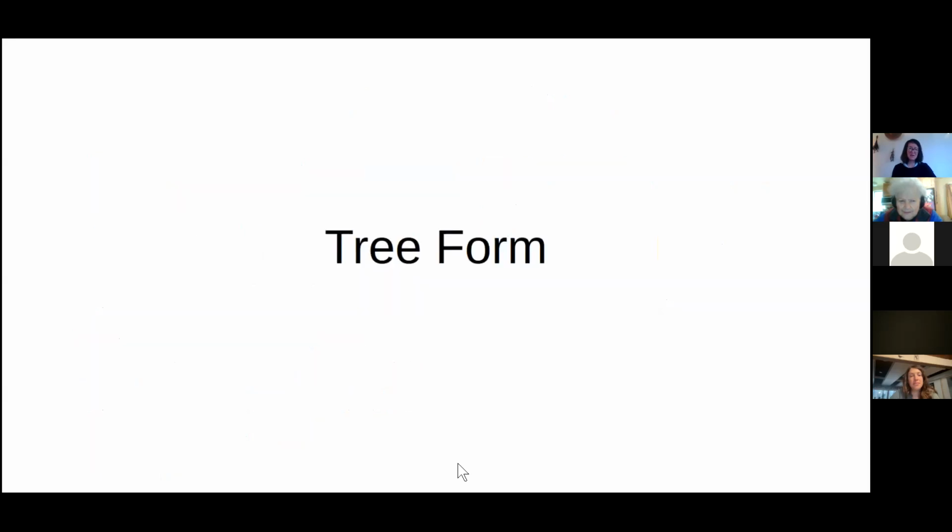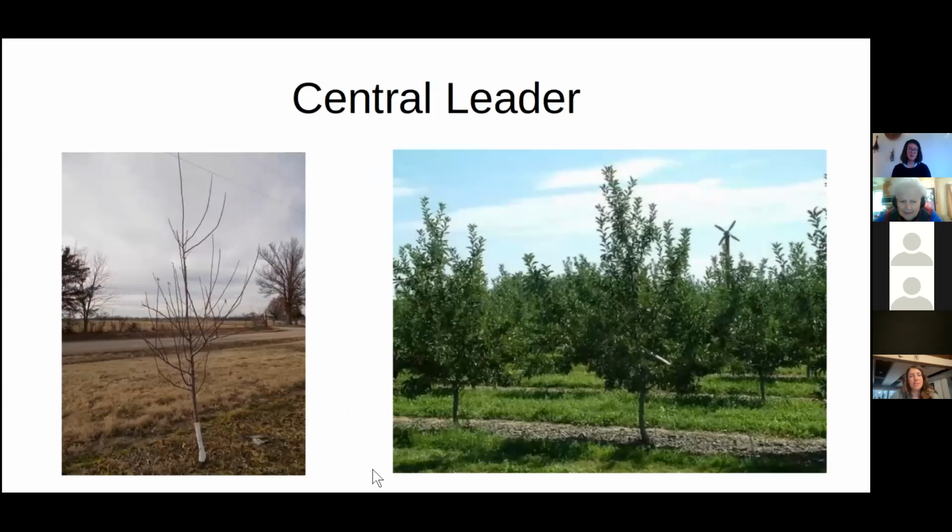Tree form. There's a couple of forms. I have two types highlighted here, on this slide and the next slide. I'm going to use a little bit of terminology here. Some terms, like central leader, are a tree form style. Let me annotate again here.